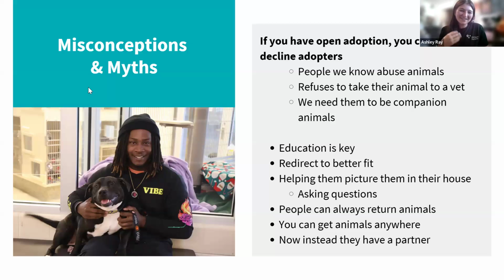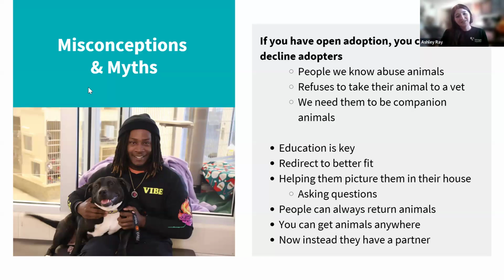And I remember the adoption counselor stepping in and saying, actually, did you know that cats don't really drink milk? And having to have that conversation with somebody. Sometimes it's a big thing, sometimes it's not such a big thing. But that's where talking it through with them comes into play. Because it doesn't mean that they're going to be a bad owner. It just means that they didn't have some information, and now hopefully they have it, and hopefully that can better set them up for whatever animal they adopt.